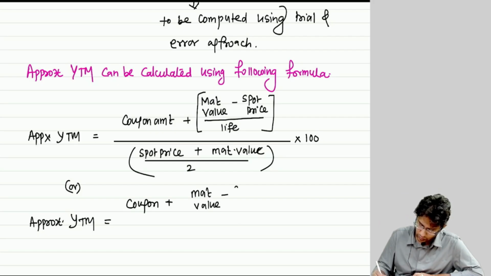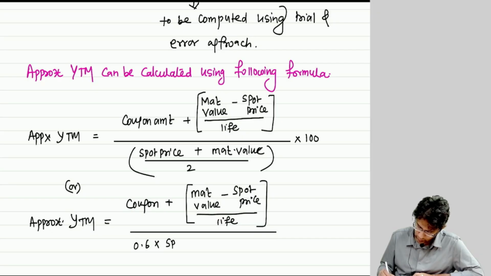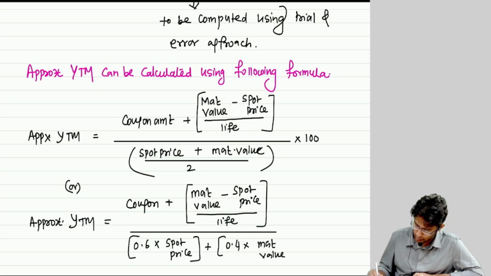Maturity value minus spot price divided by life of the bond, whole divided by 0.6 into spot price plus 0.4 into maturity value, into 100.